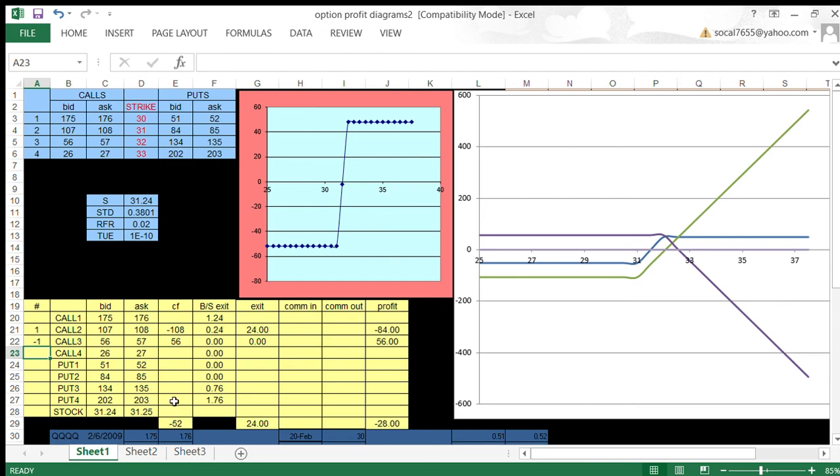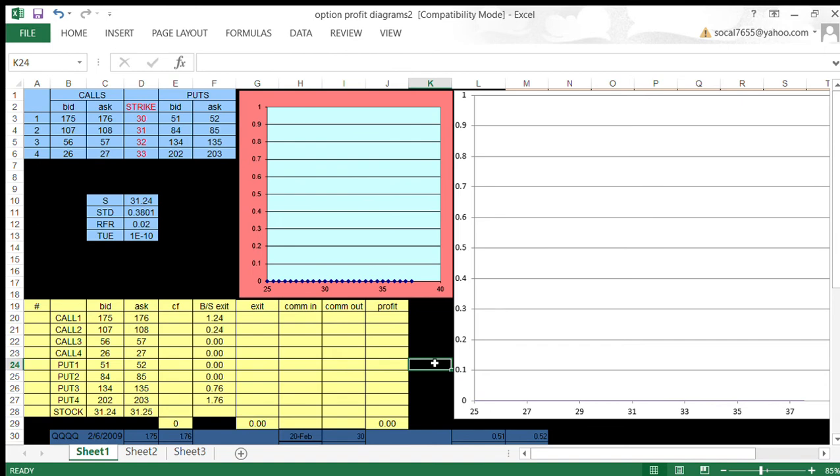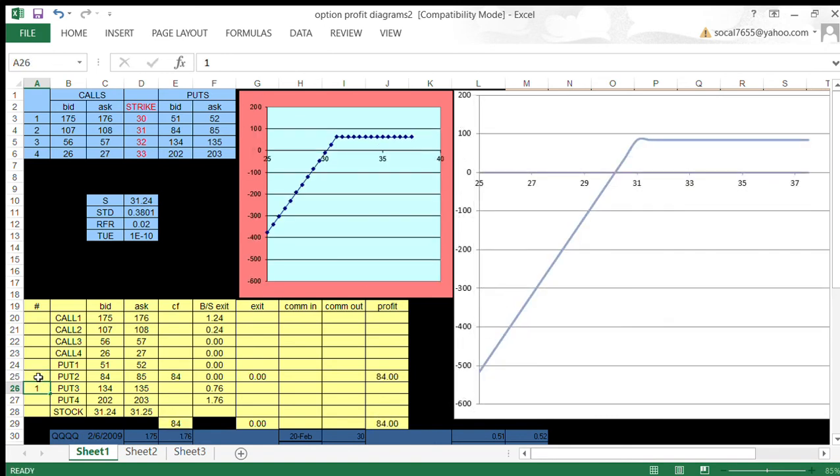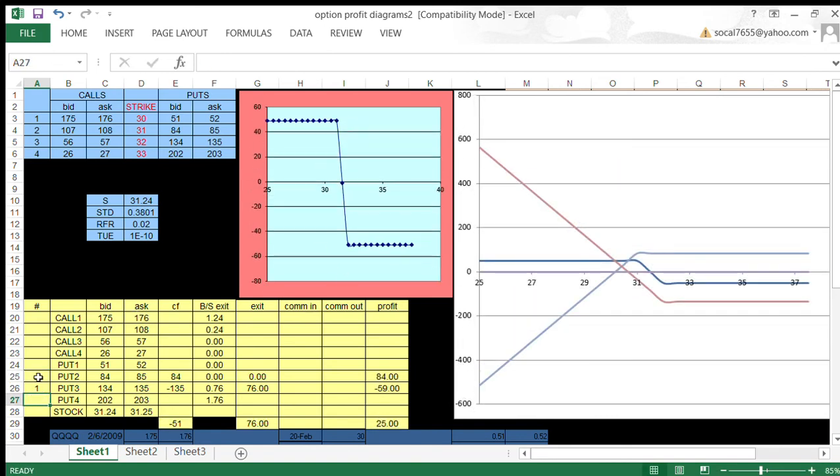Call bull spread is a net debit spread. I could create this same profit diagram using puts. Let me show you that, 2 and 3. Oops, backwards, sorry.